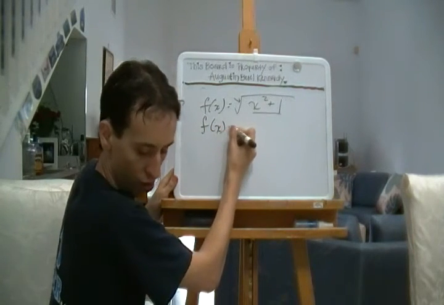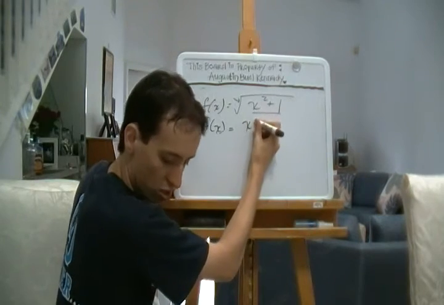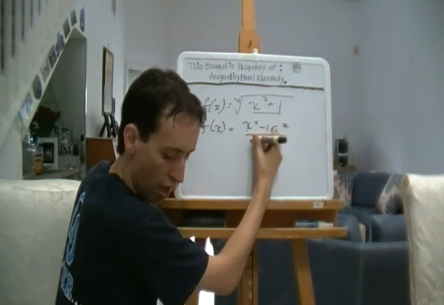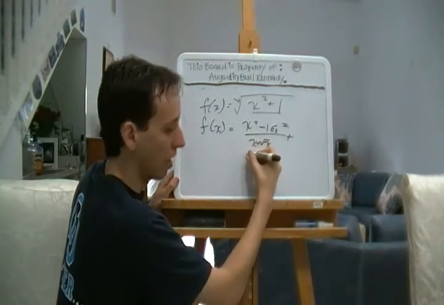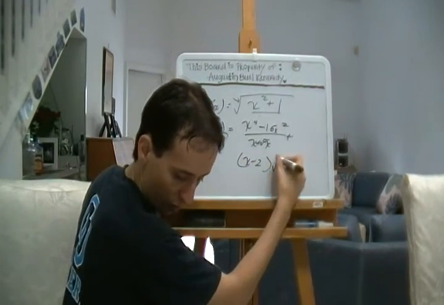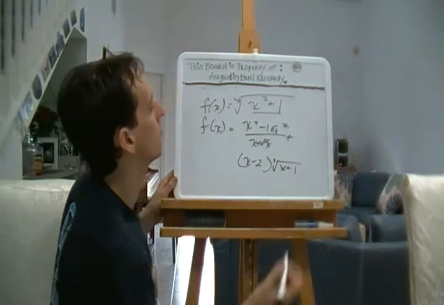There's also this one, which is nice: x to the 4th minus 16x squared over x plus square root of x plus x minus 2 times the cube root of x plus 1.